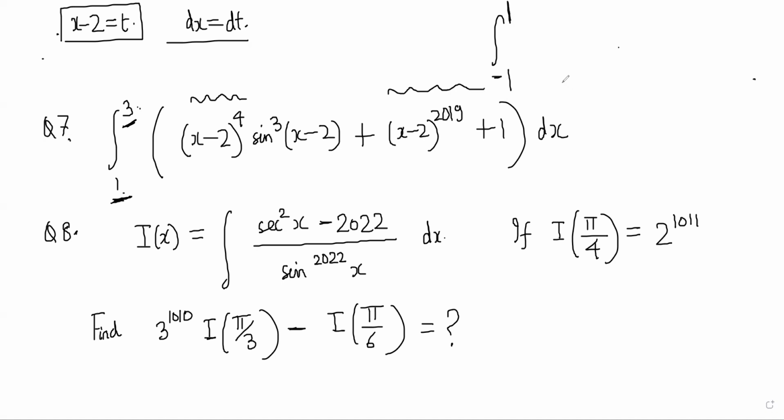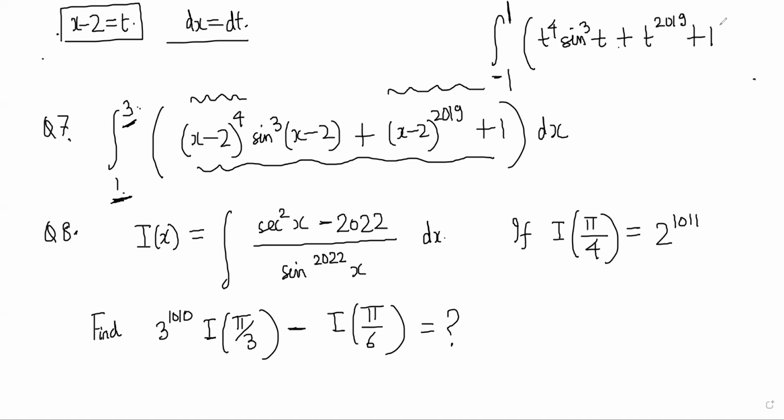Saurabh, are you understanding what I am saying? This is becoming now t power 4 sine cube t plus t power 2019 plus 1, right? And dt, right?